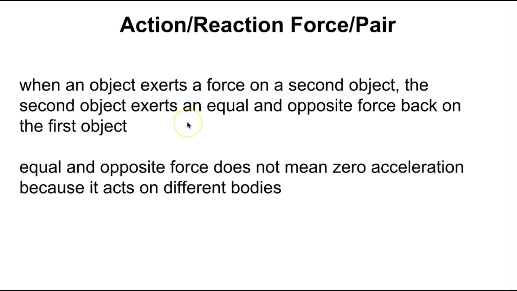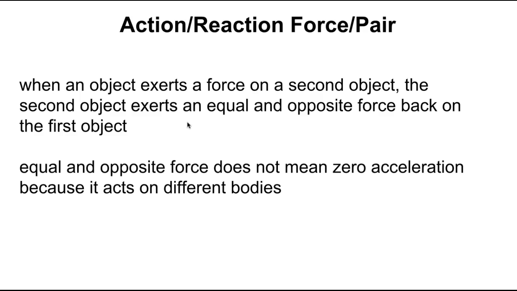All right, final concept real quick is the action-reaction force pair. So when an object exerts a force on a second object, the second object exerts an equal and opposite force back on the first object. So let's go back to the man. The man was applying a negative 85 newtons, but he felt a positive 85 newtons. So that's kind of where the trickiness is.